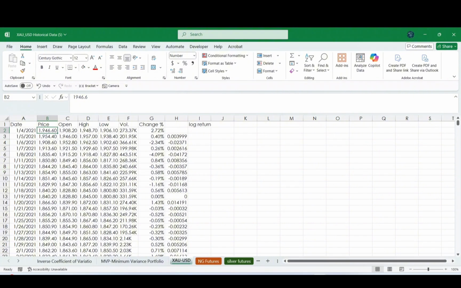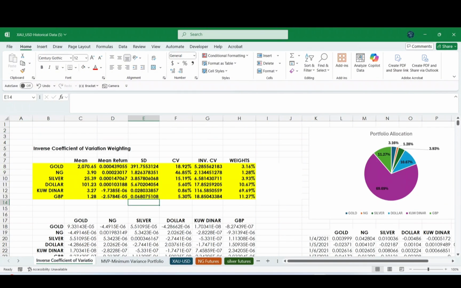So what is the definition of standard deviation? It is how much the price fluctuates from its mean. The higher the deviation, the more volatility.